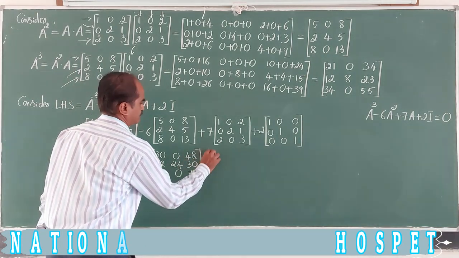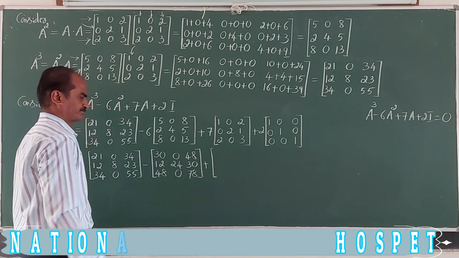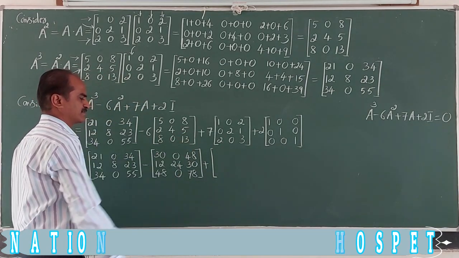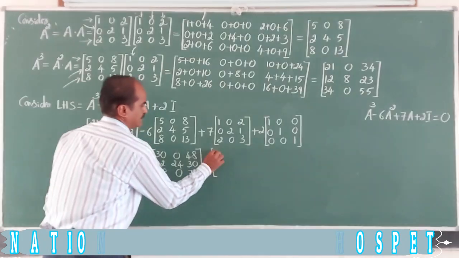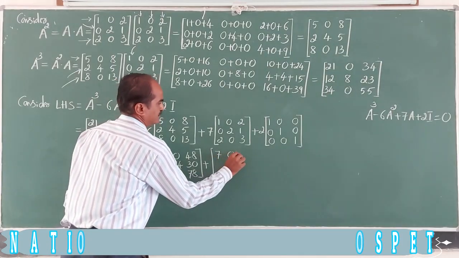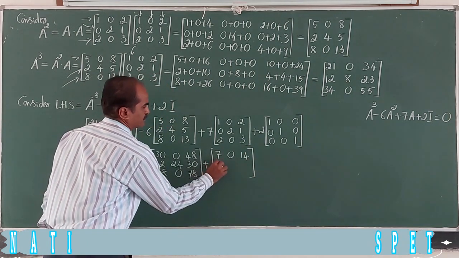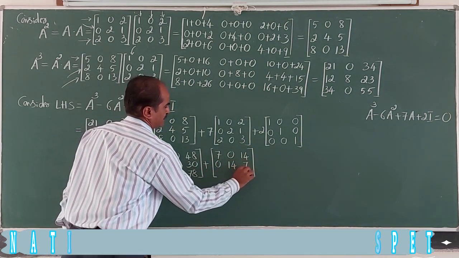Plus 7 times of that matrix. 7 into 1, 0, 14. 7 into 0, 7 into 2, 7 into 1.